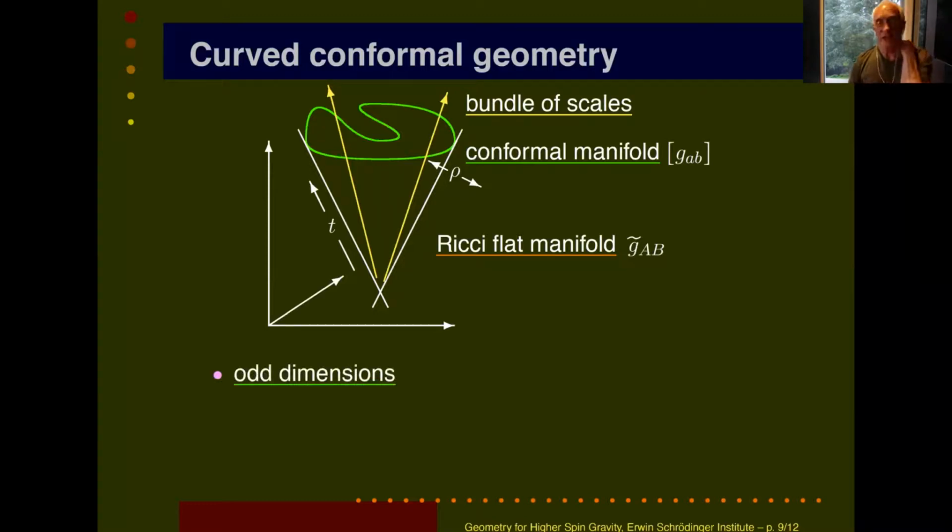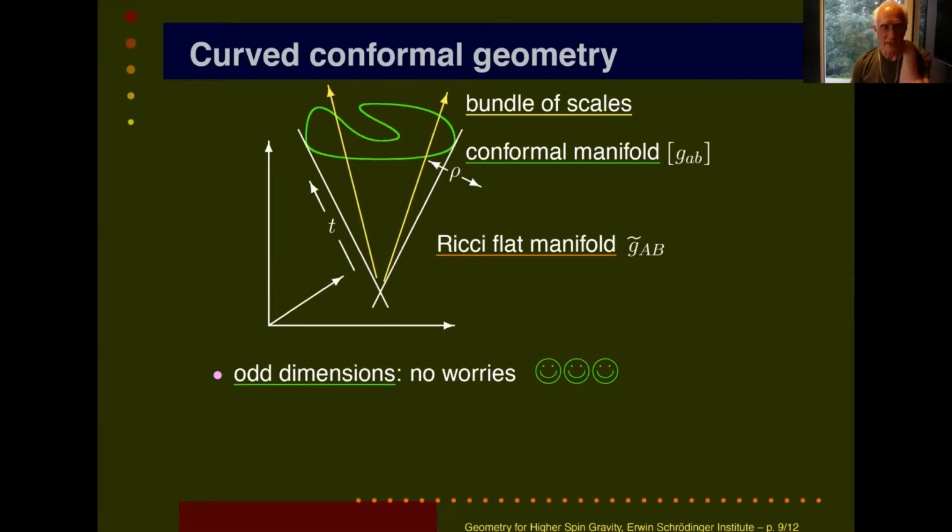And in odd dimensions, if you just go through this calculation on the previous slide, you're getting into trouble when n is equal to 4. You'll get into trouble when n is equal to 6, and so on. But in odd dimensions, no problems whatsoever. You can find a formal expansion. You can find all the terms in the potential in this Ricci flat metric just by induction.